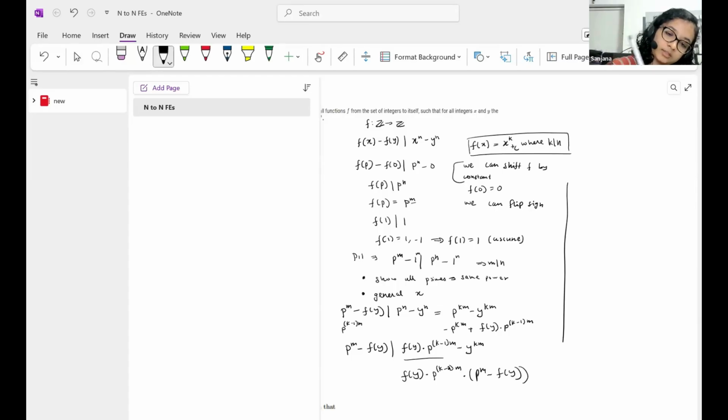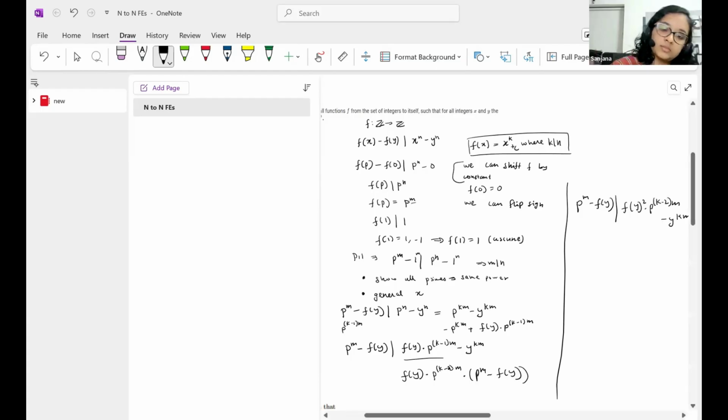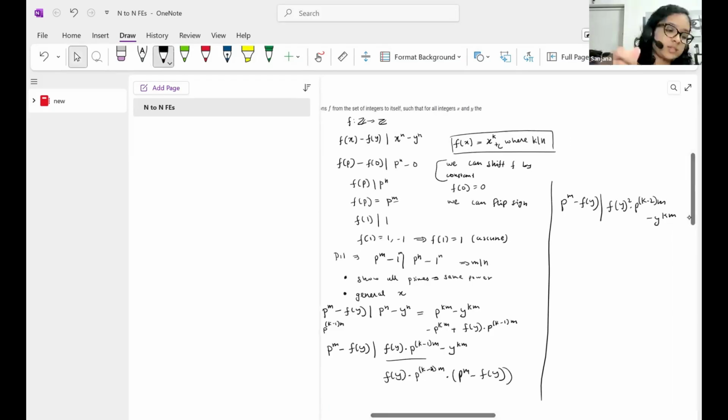And again, if you subtract, essentially the right hand side is of the form f of y raised to some power times p raised to k minus i times m, minus this term.